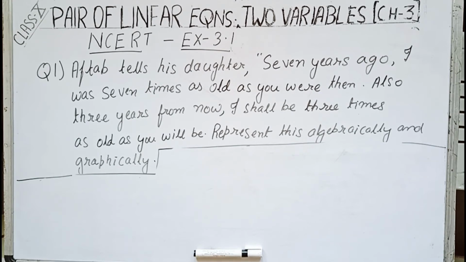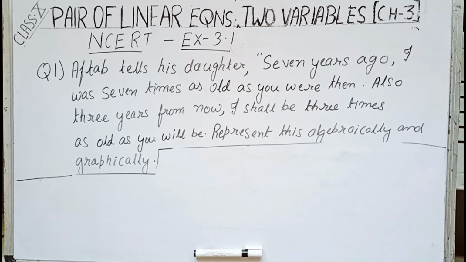The first two, the substitution method and the elimination method, have been explained along with the sums based on them. Now we will do the related NCERT exercises from exercise 3.1 to 3.3 before doing the third algebraic method, that is the cross multiplication method.